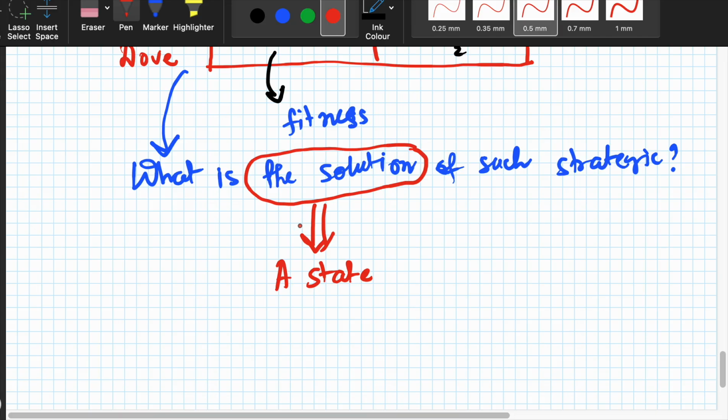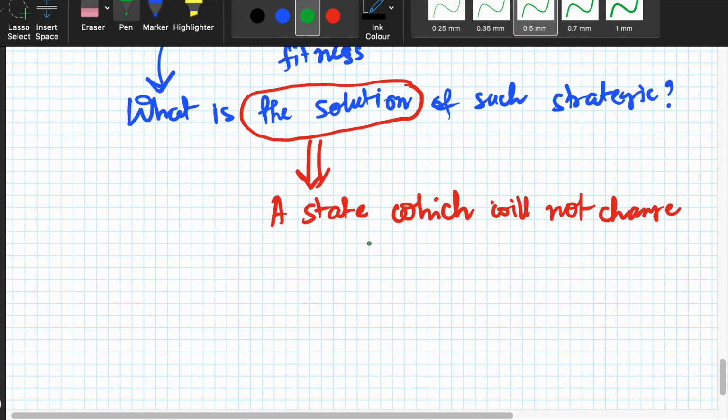In the case of Nash equilibrium and sampling equilibrium, not changing means there will be no incentive to adopt another strategy than the prescribed Nash equilibrium, and similarly for the sampling equilibrium also.